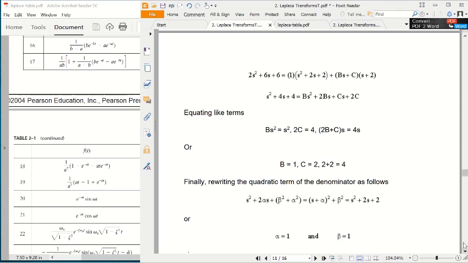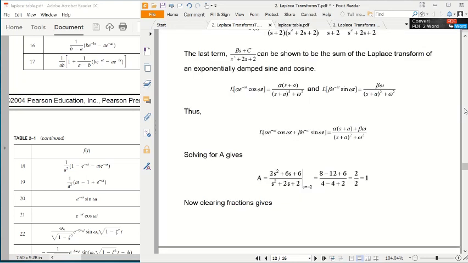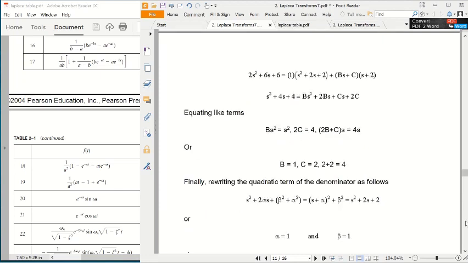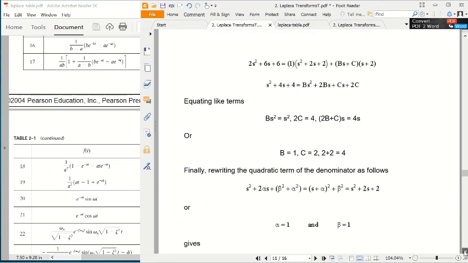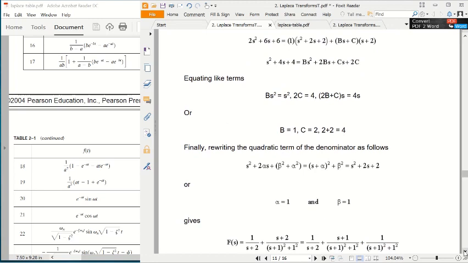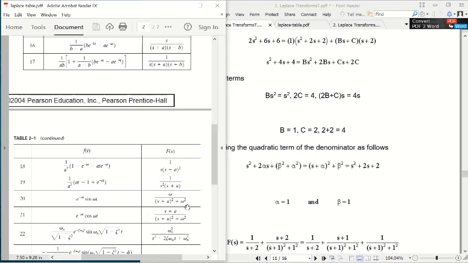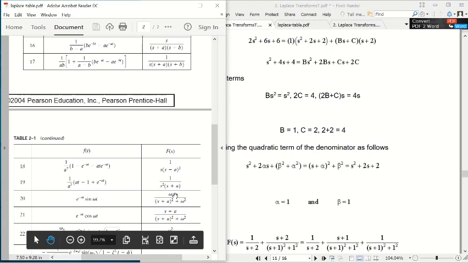So now the game is how to express it in terms of this, so that you get this cos and sine. You have to transform the denominator of your S domain equation in terms of something like this, because this is our target in time domain.